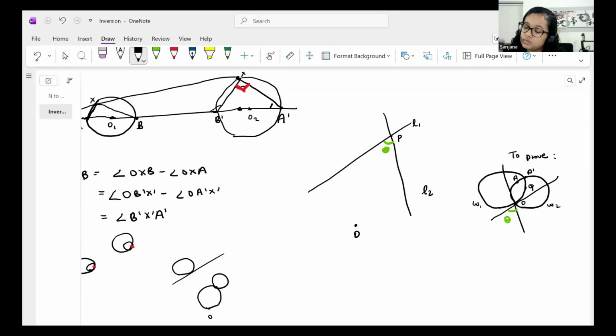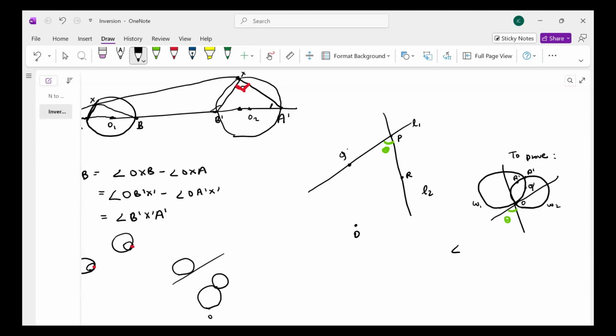Sure. So Q would be somewhere on line 1, let's say it's here. R would be somewhere here. It might not be on the right side, but we'll figure that out. Let's call this R prime.